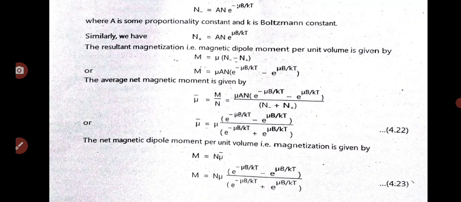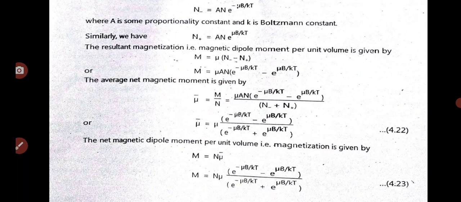Putting this value in the equation, the common constant can be taken outside the bracket, leaving e to the power minus mu B by kT minus e to the power mu B by kT.